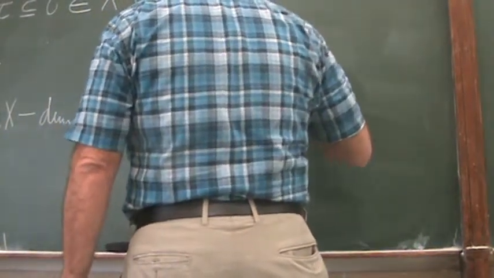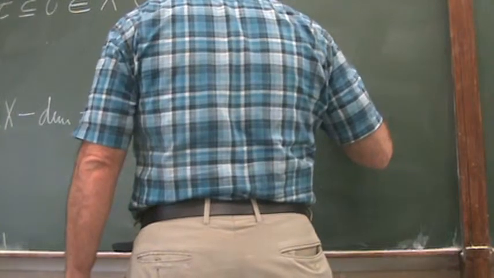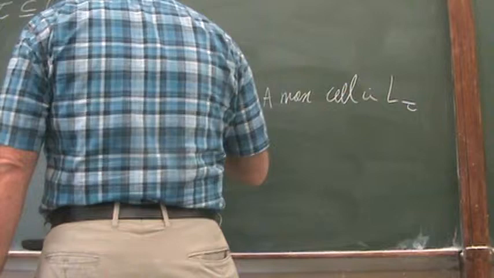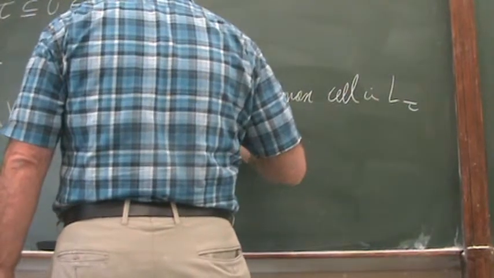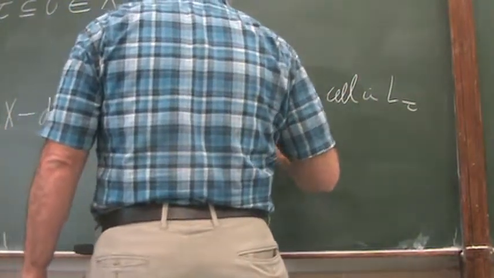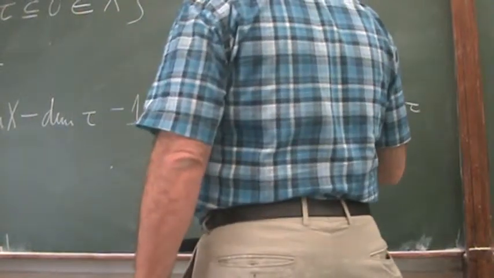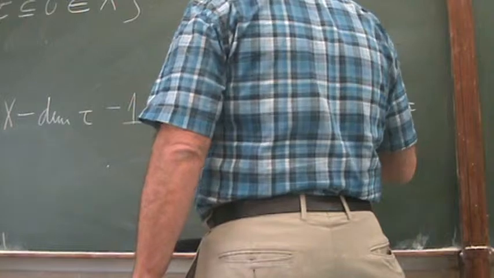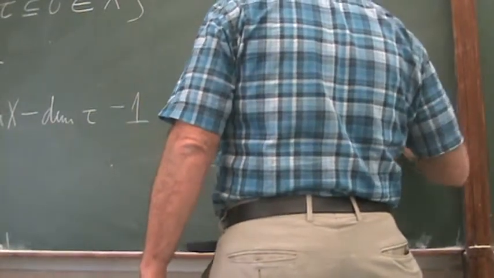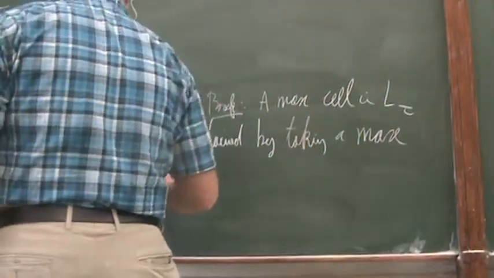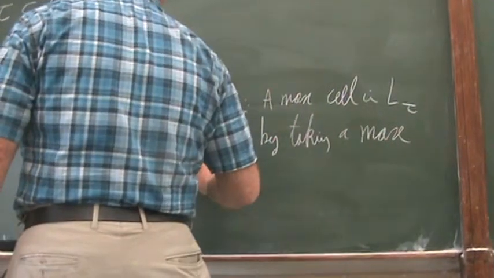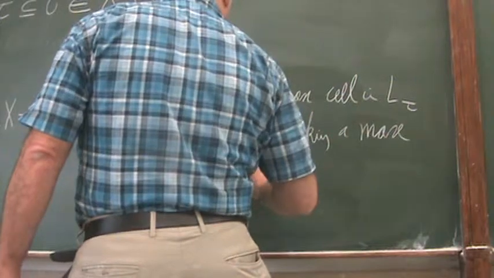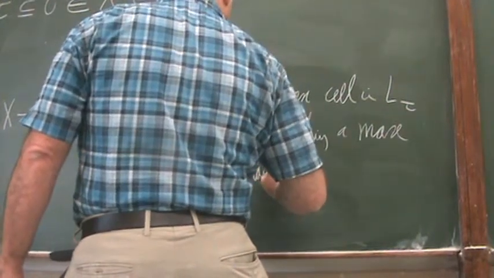A maximal cell in L tau is obtained by taking a maximal cell M, say, of X containing tau.